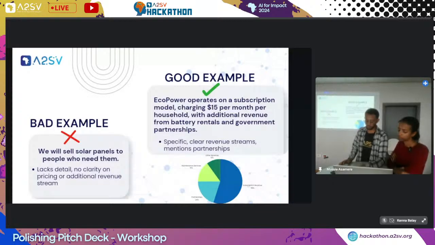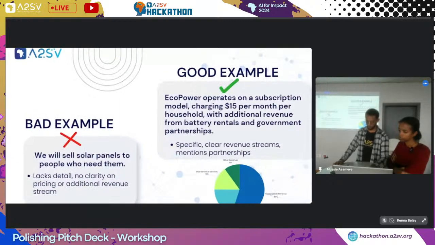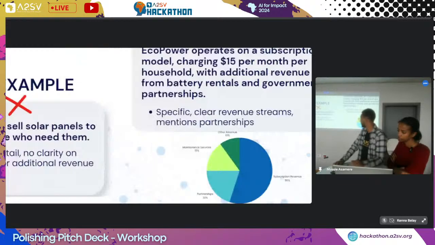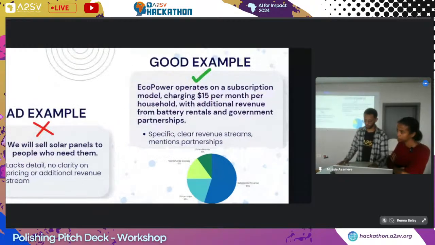So not only generating revenue from users, but through potential partnerships, you could scale it and earn more. As you can see here, there is a graph that could further illustrate your standing. There is a percentage for every revenue stream, and that shows which revenue streams you are focusing on, and what your main income is.